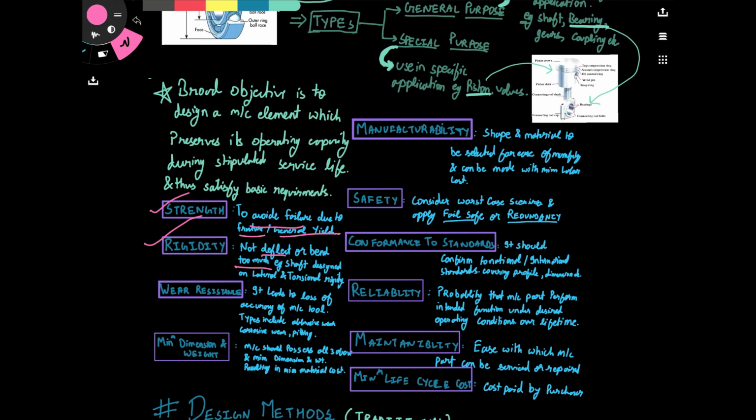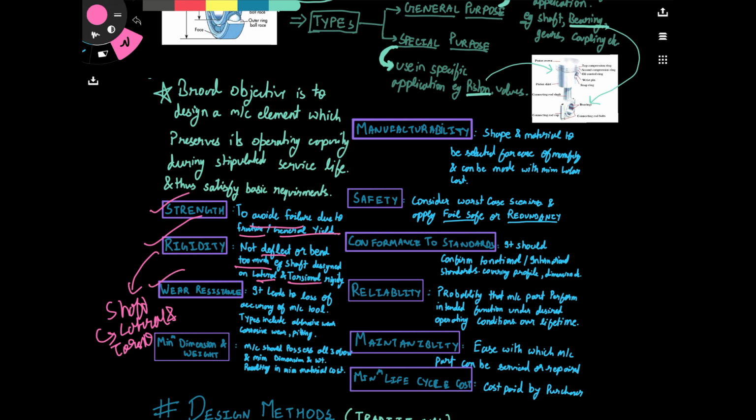For example, a shaft is designed for lateral and torsional rigidity. A shaft is designed on the basis of that. If it possesses that, then the shaft is good to use.